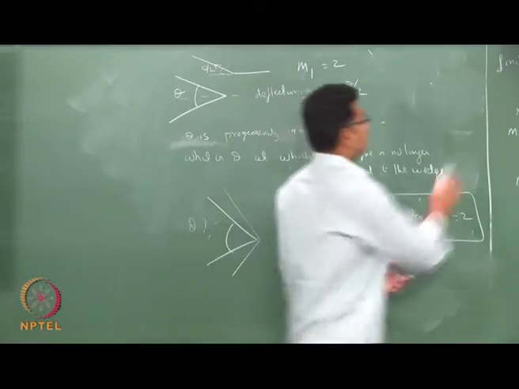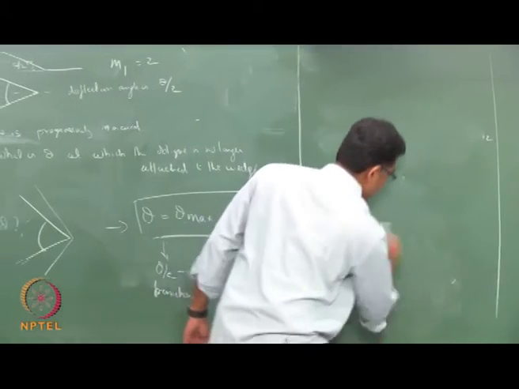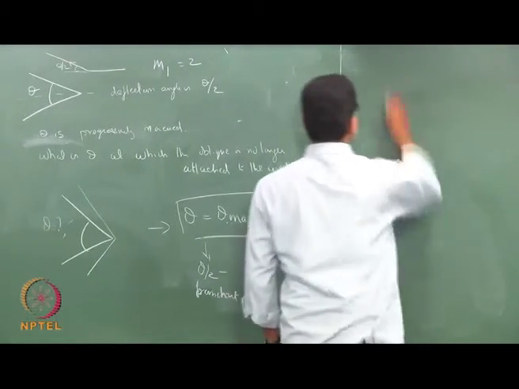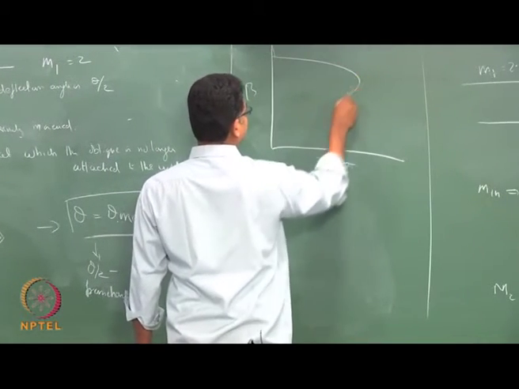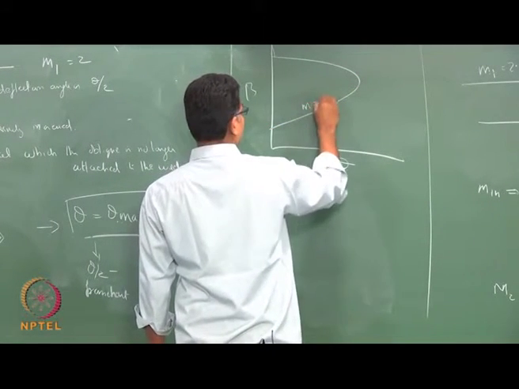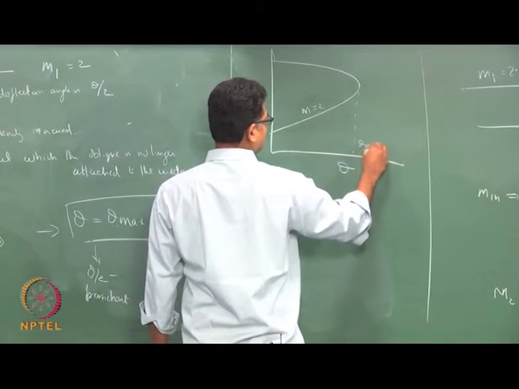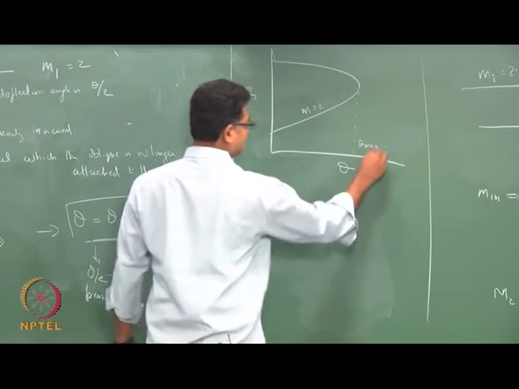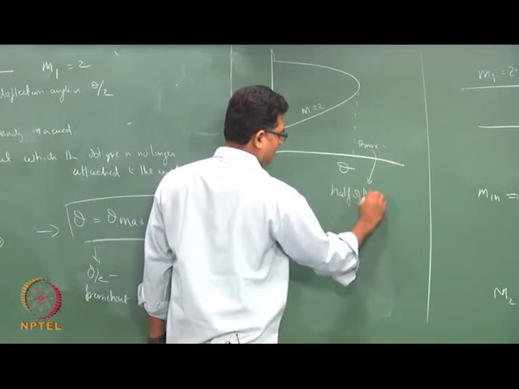Okay. So, all I need to do is go to the theta-beta chart, I have this M equals 2 curve, find this angle which is half of the wedge angle.